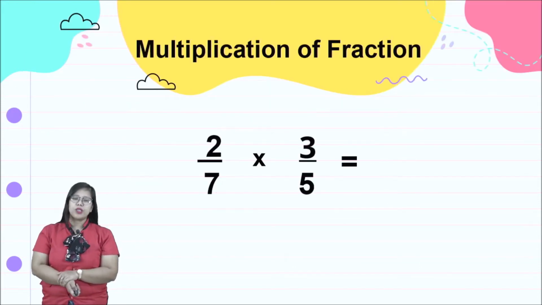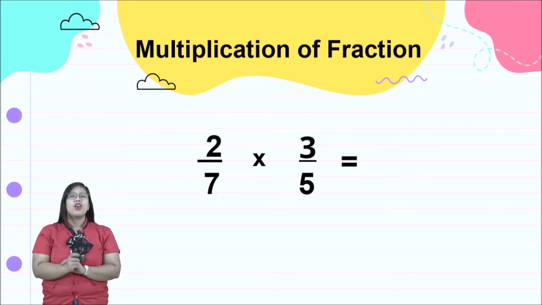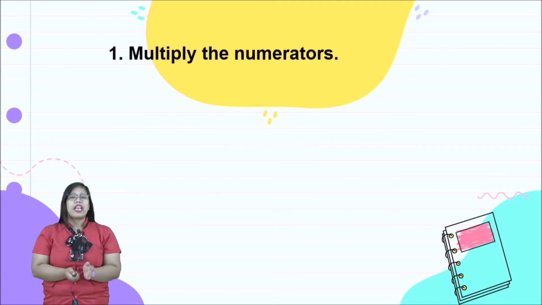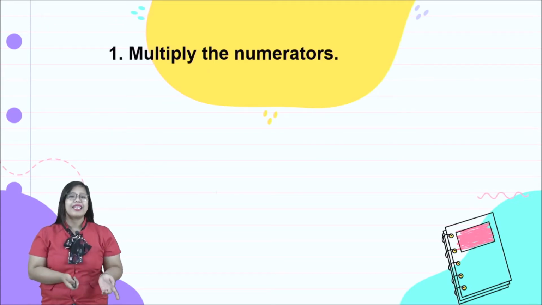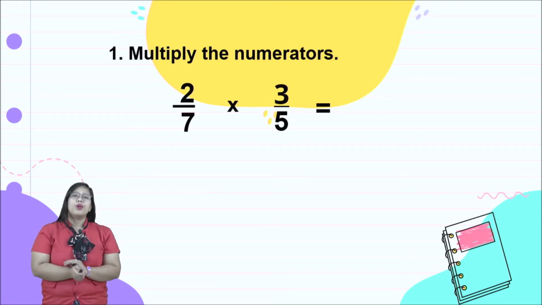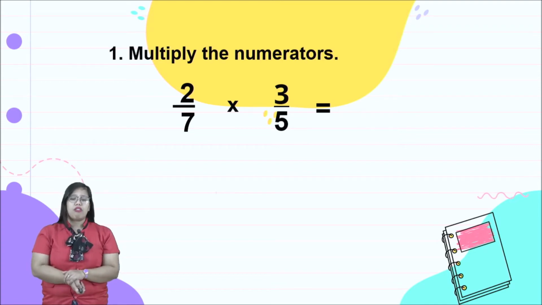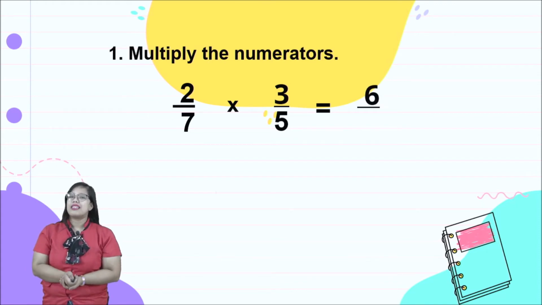Next example, 2 over 7 times 3 over 5. Again, our first step is we need to multiply the numerators. We have the givens of 2 over 7 times 3 over 5. So we need to multiply 2 and 3. 2 times 3 is 6.